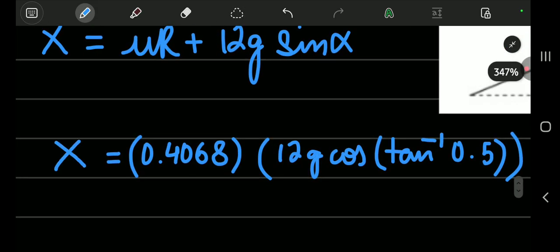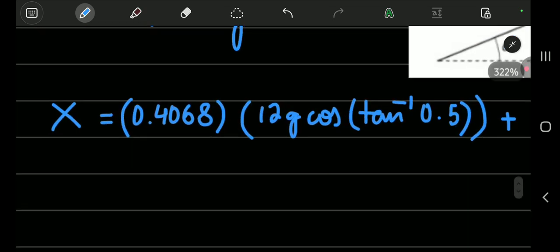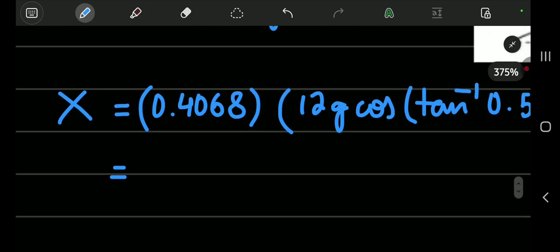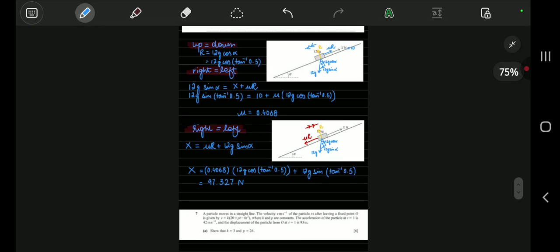From here you get x equal to 97.327. Okay, this is your x in newtons.